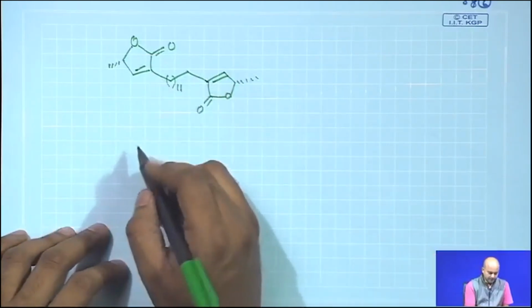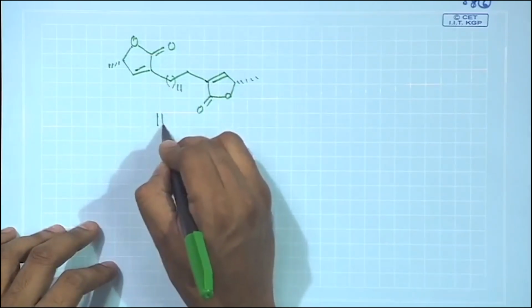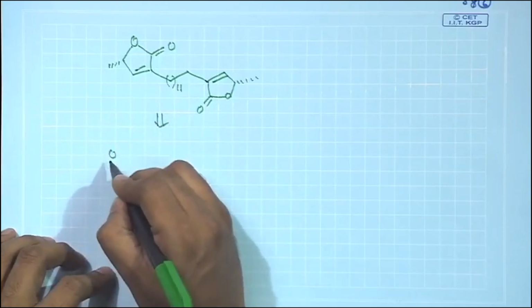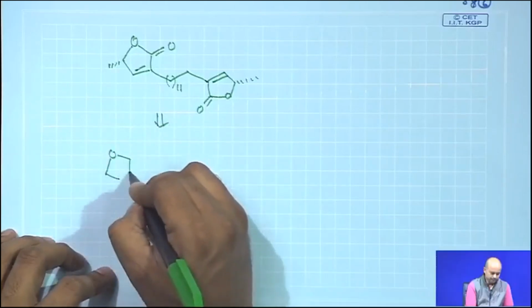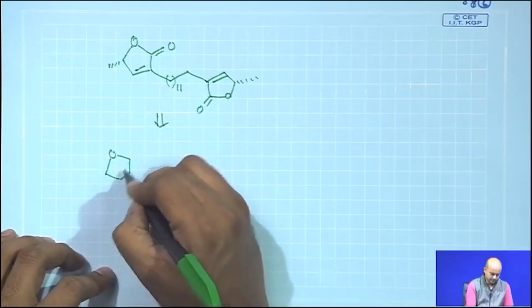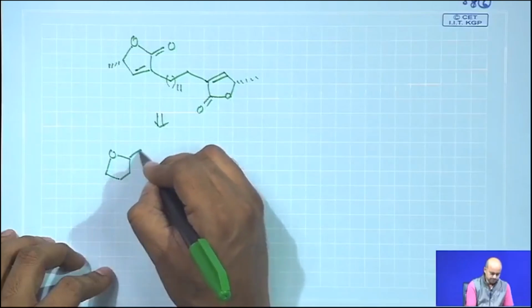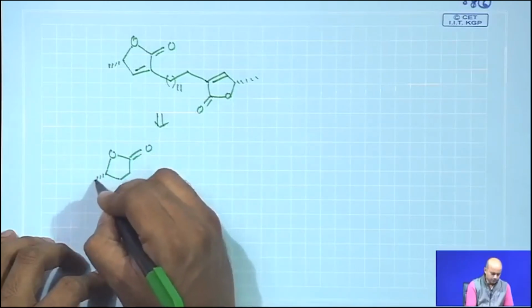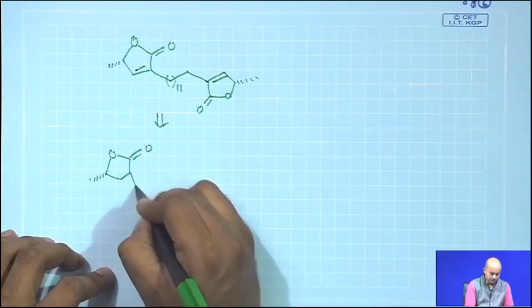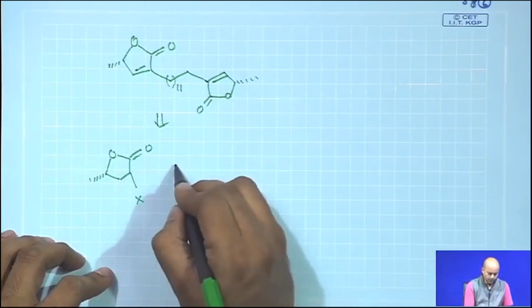Now, what am I saying? I am saying that if you have some compound something like this, you need to put some reaction or some group where you can find that.